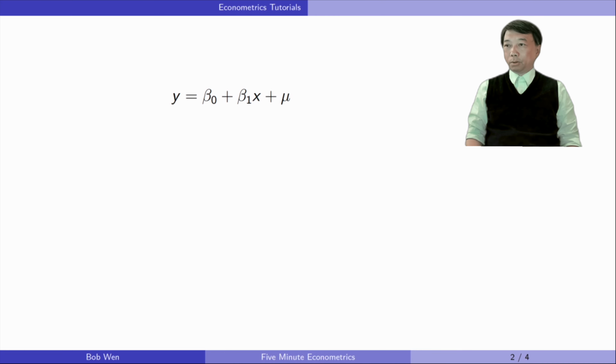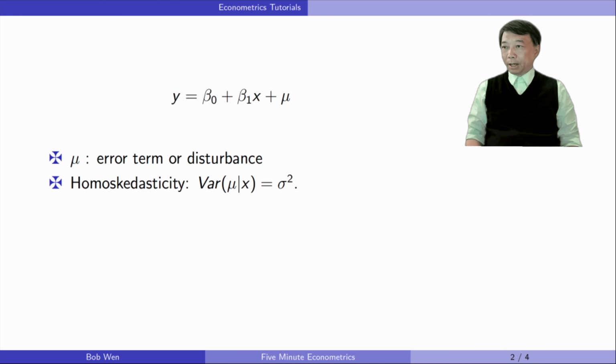For a regression model, y equals beta 0 plus beta 1 times x plus mu. Mu is known as the error term or the disturbance. Homoskedasticity means the error term mu has the same variance given any value of the explanatory variable.